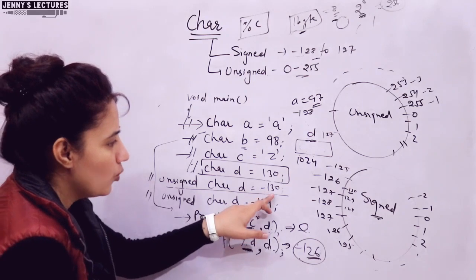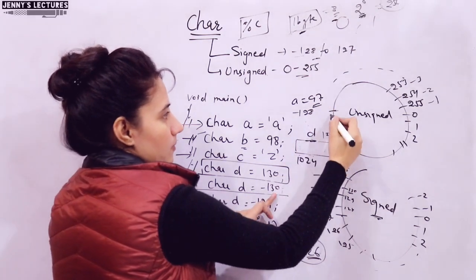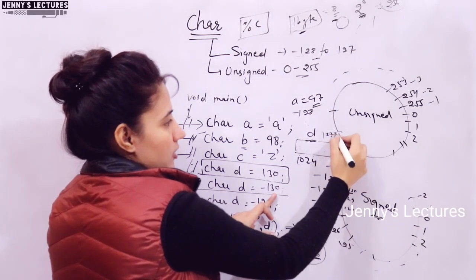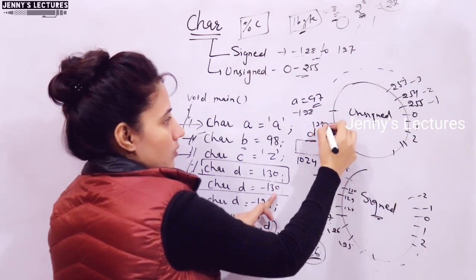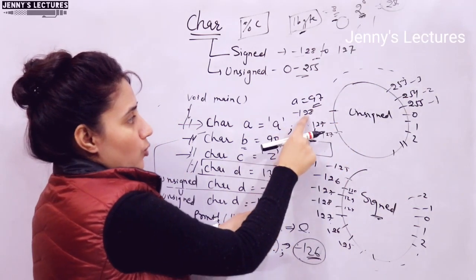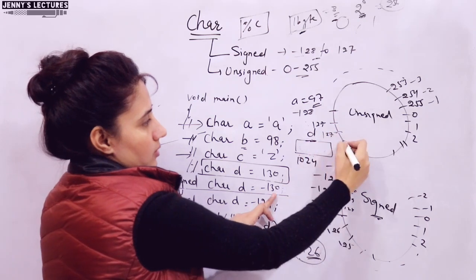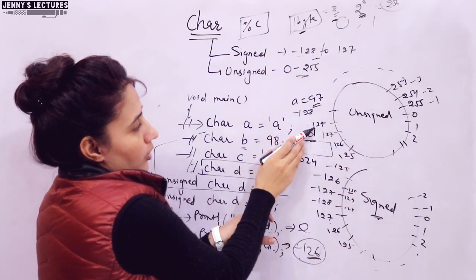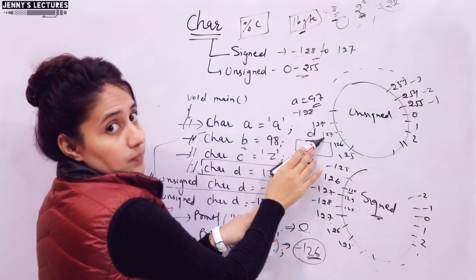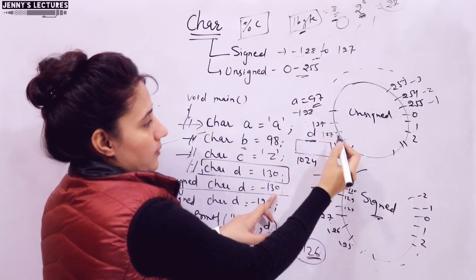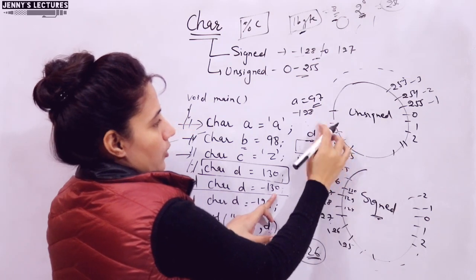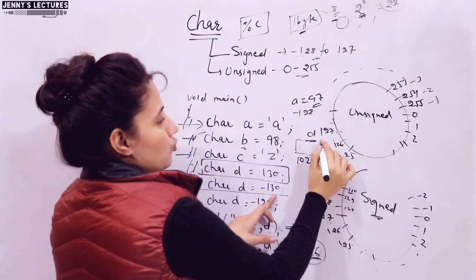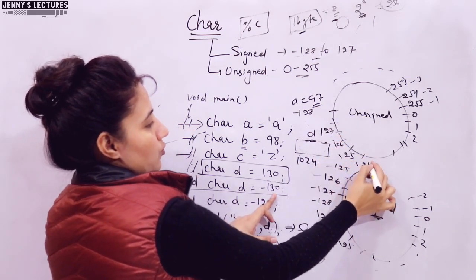Now where will this minus 130 lie here? At some place we will have 127 also, right? Minus 128, then here we will have 126, 125, minus 129, minus 130. So minus 130 means here we have 127, this is 126, 125, 124, like this.